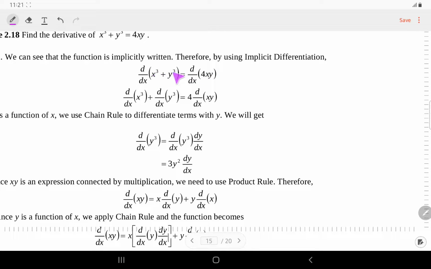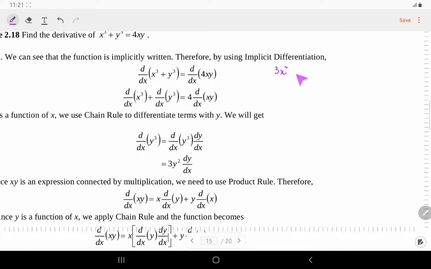So we need to differentiate them one by one. So when we differentiate x cube, we are differentiating the variable x, so we don't need to put dy over dx at the end of the term. So just differentiate x cubed, we will get 3x squared.